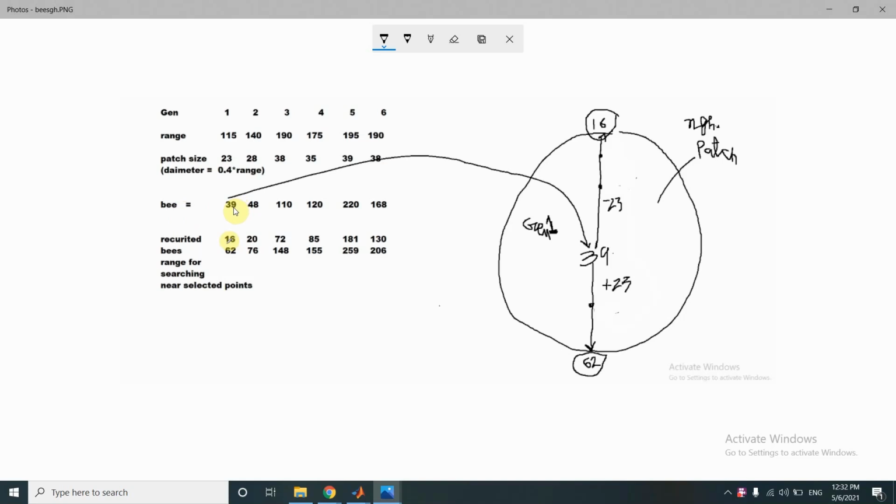Since this is a six-dimensional problem, let us look at one dimension only, and the same thing would be applied to the other five dimensions as well.